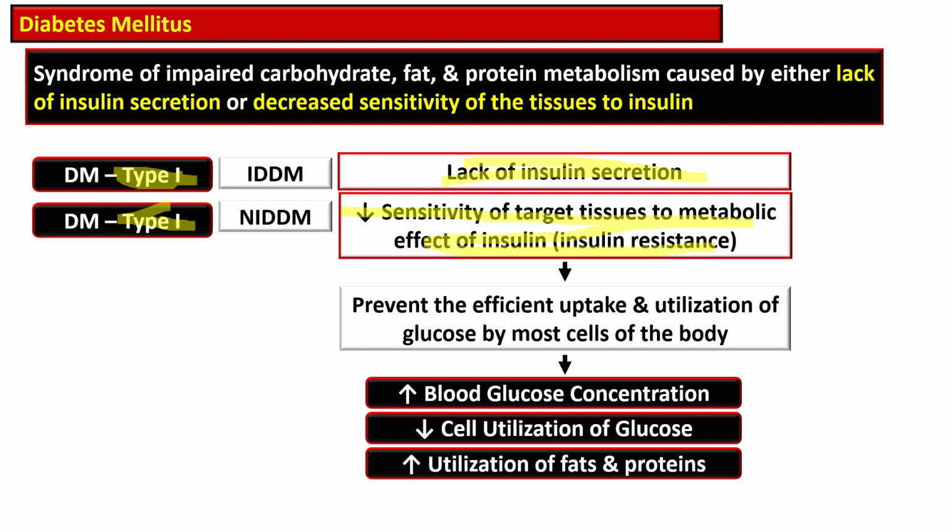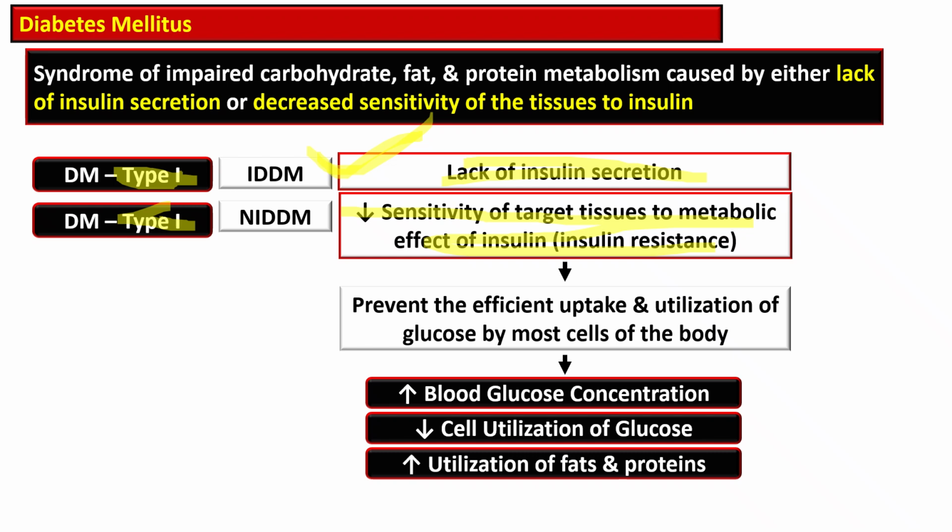So in type 1 there is little or no insulin secretion from the pancreas, usually resulting from autoimmune destruction of the beta cells in the islets of Langerhans, and patients require insulin therapy to survive.